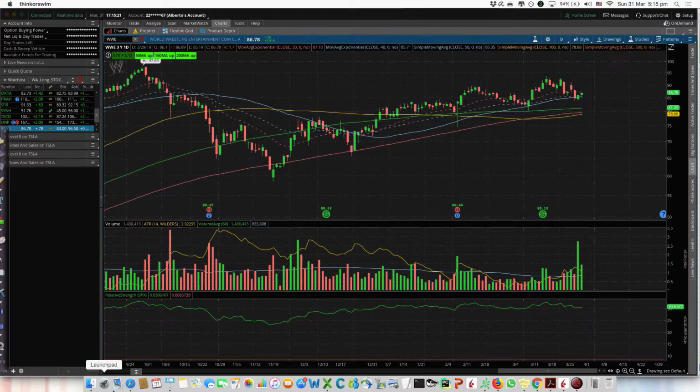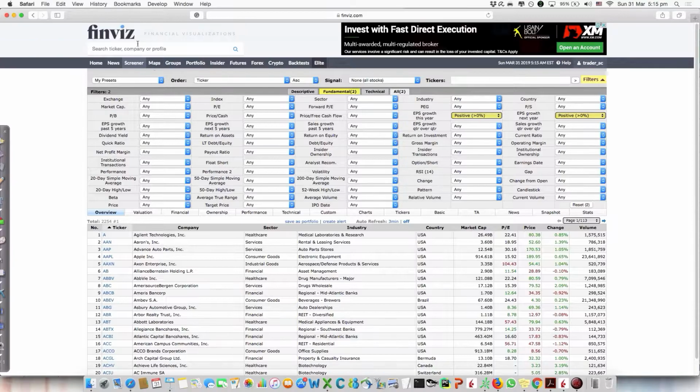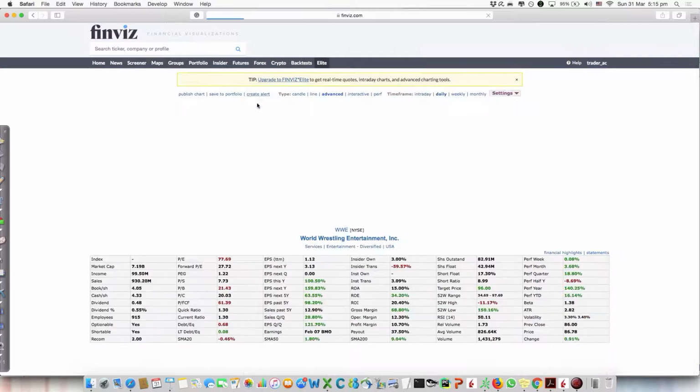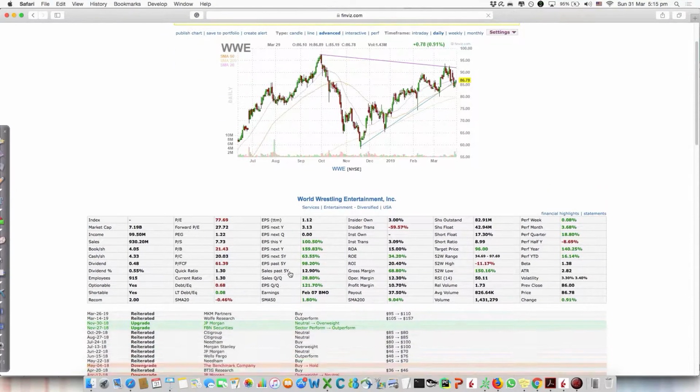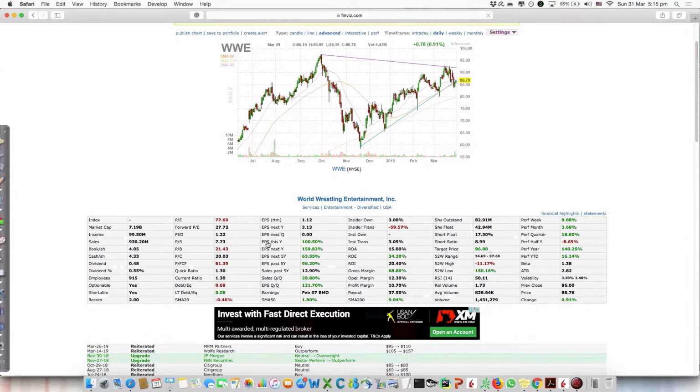Let's go back to Finviz and check this stock. So we can write here the ticker name WWE, and let's have a look at what we see. Well, you see here the results are very good. So we have the earnings per share. Usually I check for trading the present and the future. I don't look at the past. So I see here that the earnings per share this year are very good, 100%.